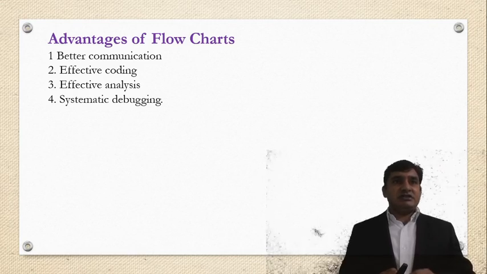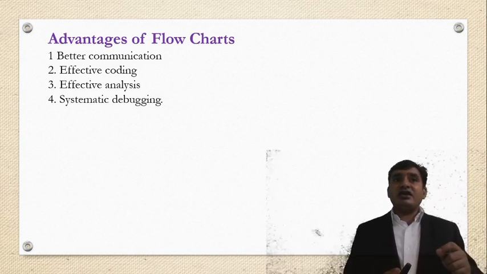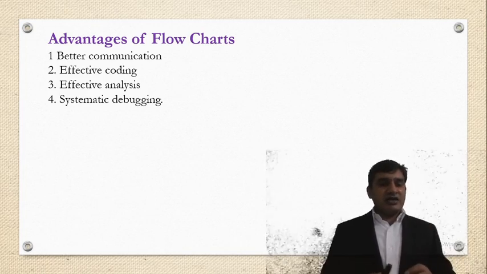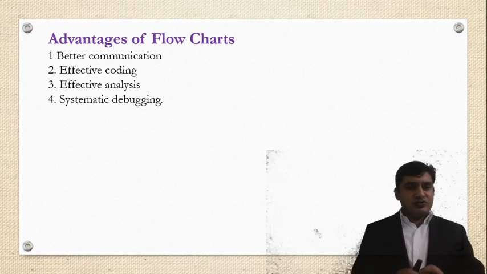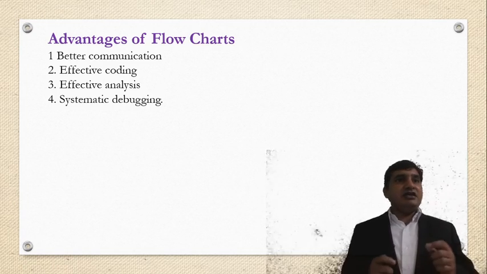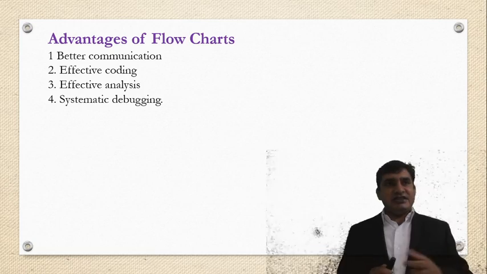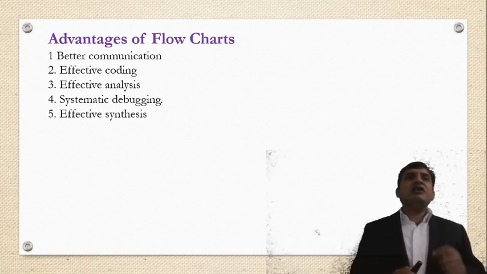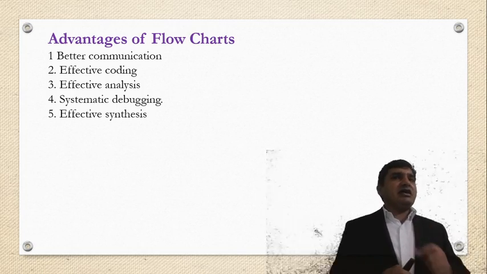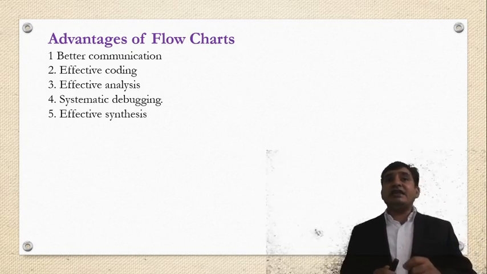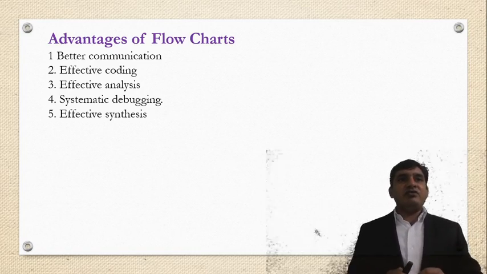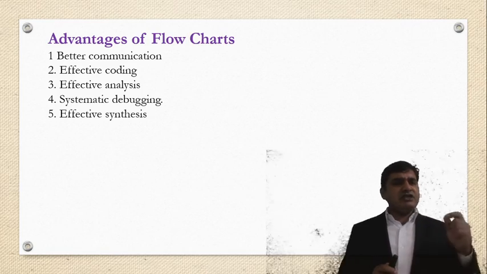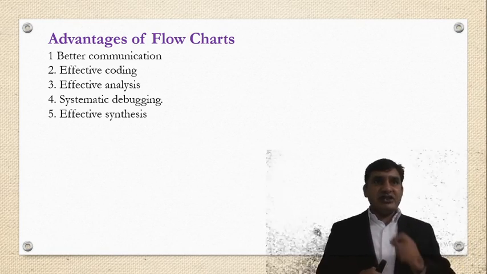Debugging means removing errors from the program, and a flowchart is very useful for systematic debugging. Then effective synthesis, this is also one of the advantages of a flowchart. A flowchart takes care that no path is left incomplete without any action being taken. So it is very useful for effective synthesis.